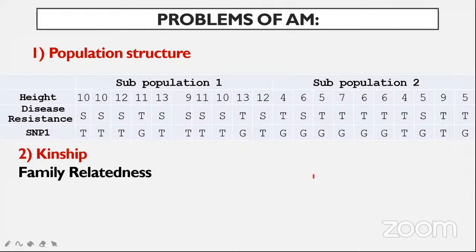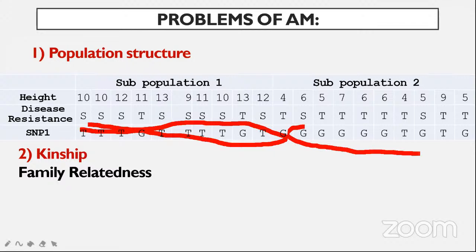I have been saying there are a couple of problems with association mapping, and we have solutions too. One is population structure. Let's assume we have two subpopulations. In subpopulation 1, you have SNP T most of the time, and in the other you have G most of the time.